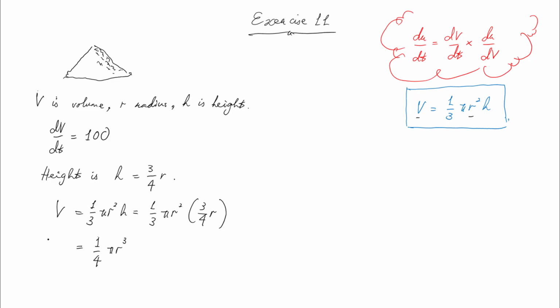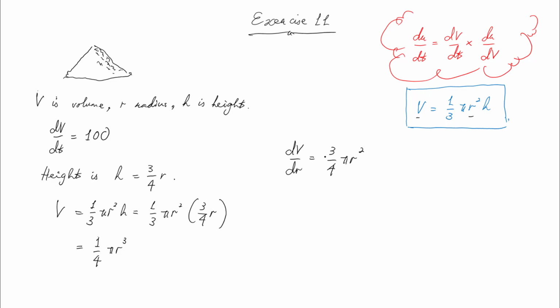Now we have V in terms of r, then we can do our differentiation with dV over dr. So I'm going to do it here. dV over dr is going to be 3 over 4 pi r squared.